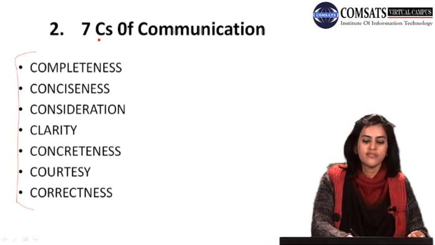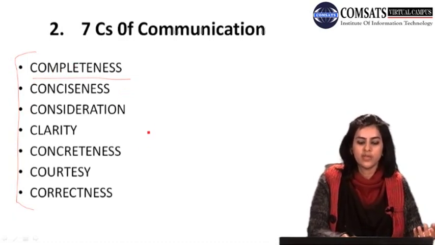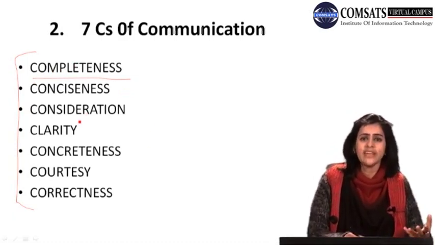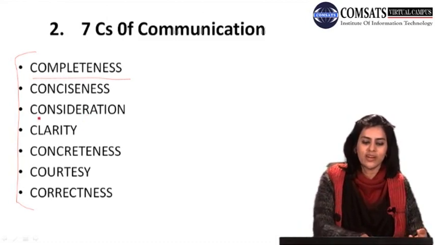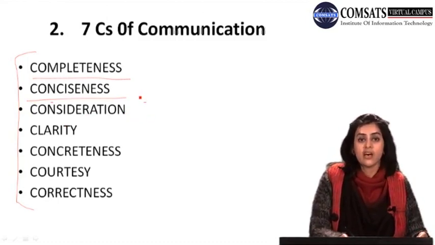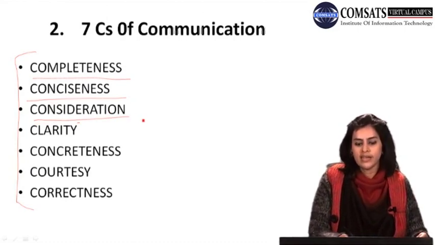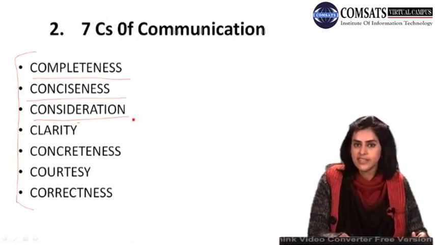So to begin with, the first C stands for completeness. Your message should be complete in itself, and we are also going to discuss some examples for that. Then it should be concise. Now this conciseness or shortness is very important. Then consideration, how you can consider your audience while you are presenting on the stage.